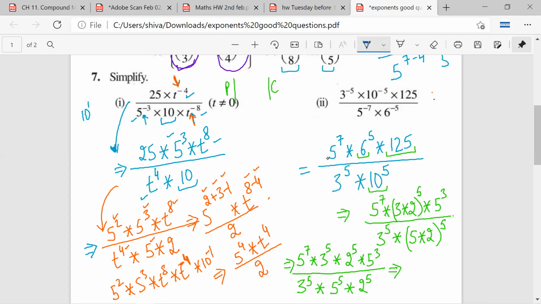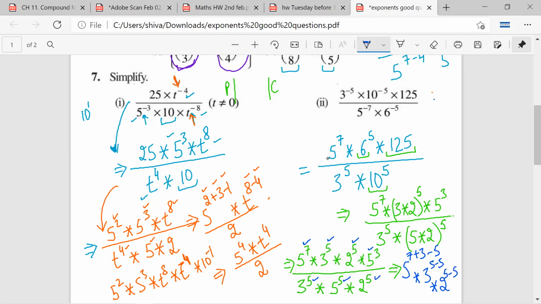And now I have just one step to be done. This would be 5 raised to power 7 plus 3 minus 5 into 3 raised to power 5 minus 5 into 2 raised to power 5 minus 5.